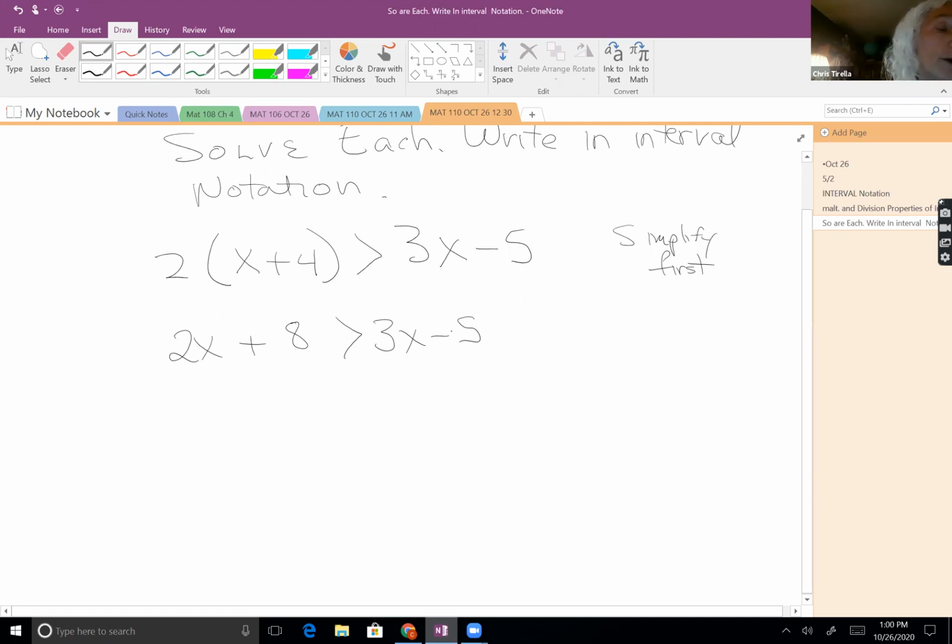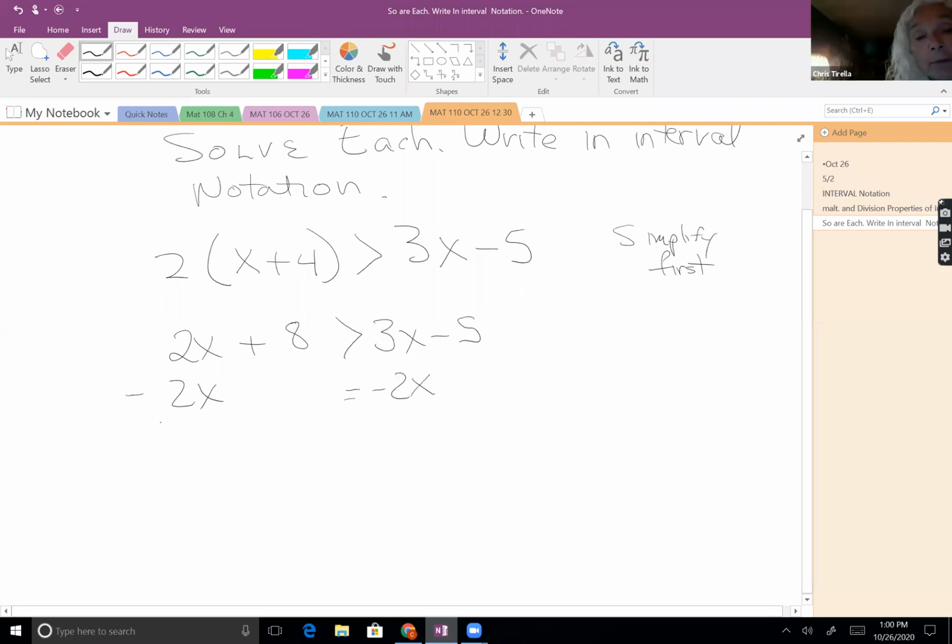We want to get all of our x's together. It's a matter of choice. What would you folks rather move, the 2x or the 3x? 2x. And how would you do that? Subtract it from both sides. Beautiful, I like it.